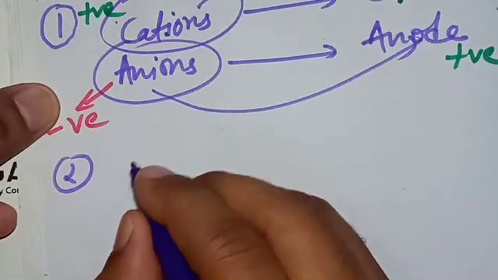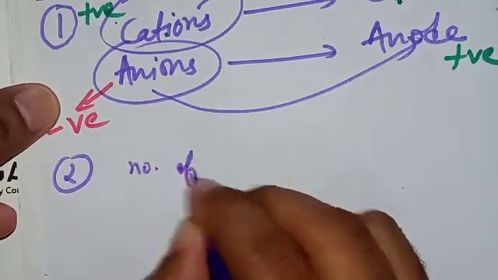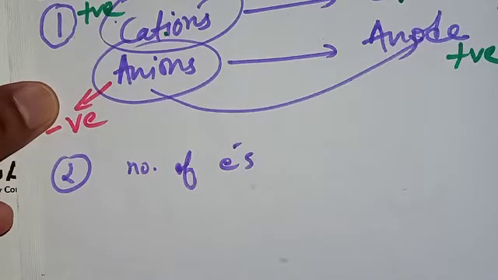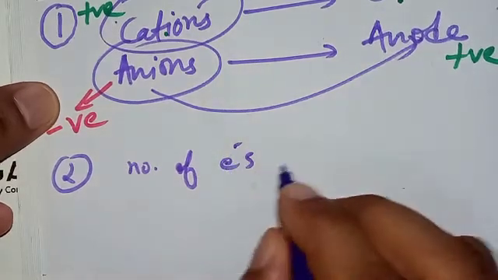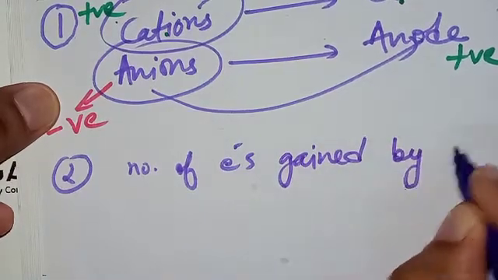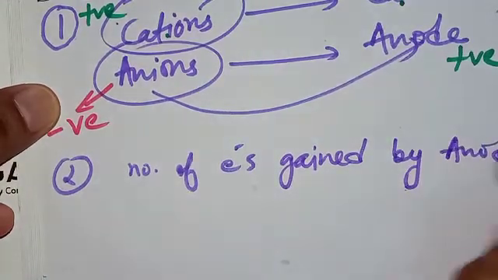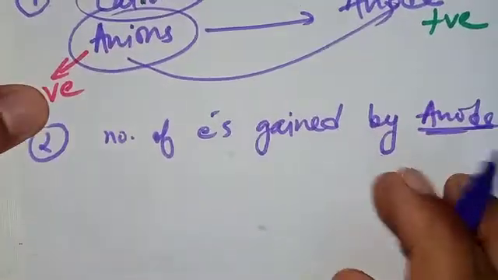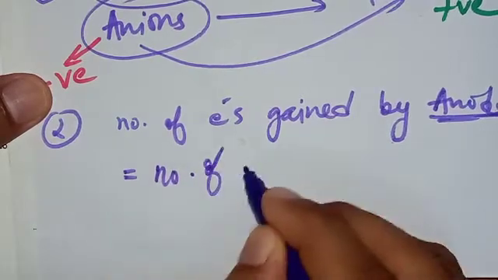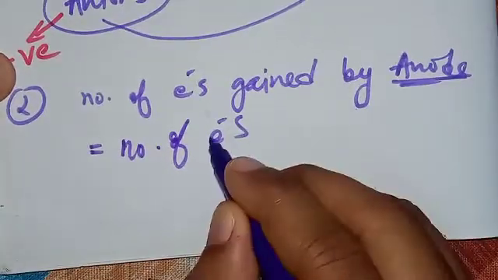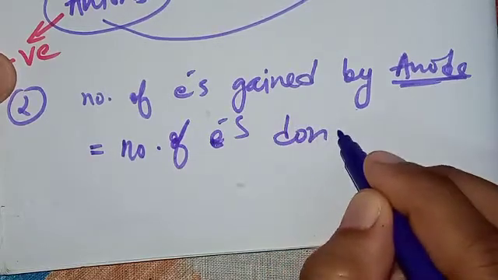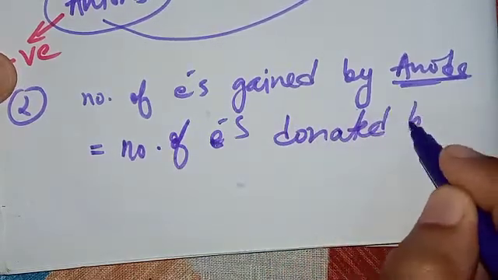The number of electrons gained by the anode. So what happens? The anode gains electrons, and you will understand how it gains electrons. This is equal to the number of electrons donated or given or lost by the cathode.